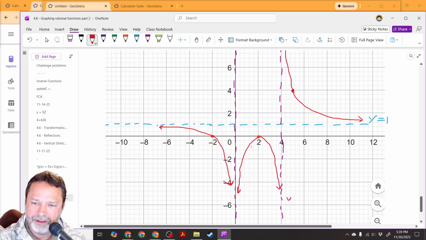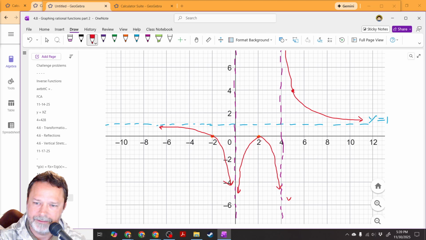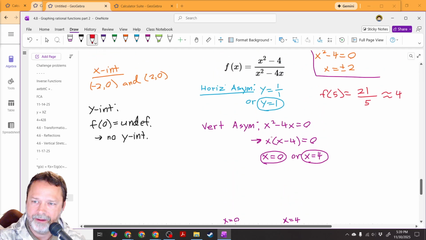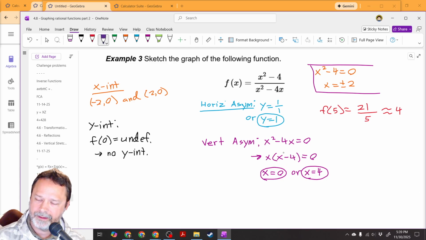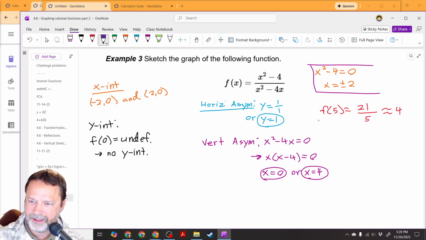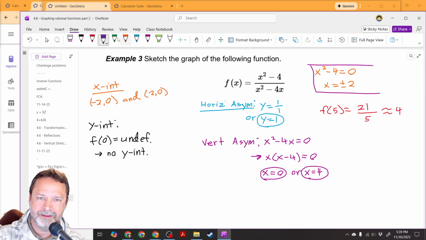Oh, or does it go like this? Does it cross? Let's try a couple points over here. Let's try 1 and 3 also, x equals 1 and 3, just for fun. So let's try f of 1.